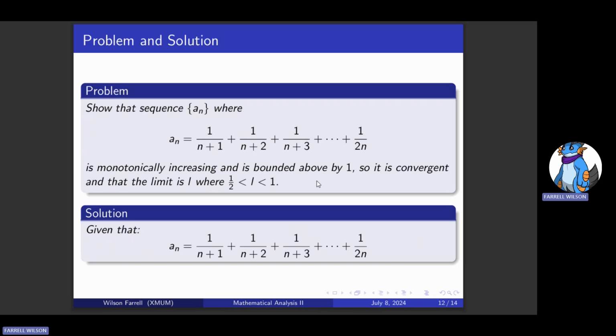So it is convergent, and the limit is l where 1 over 2 is less than l is less than 1. The solution is down below, and it's given that an equals 1 over n plus 1 plus 1 over n plus 2 plus 1 over n plus 3 plus until 1 over 2n.